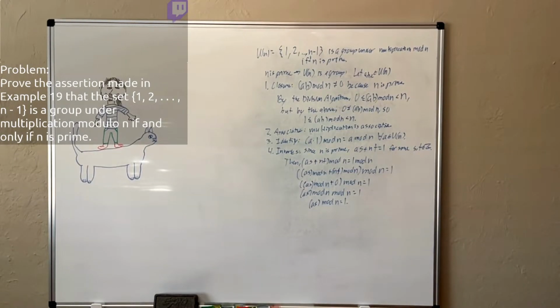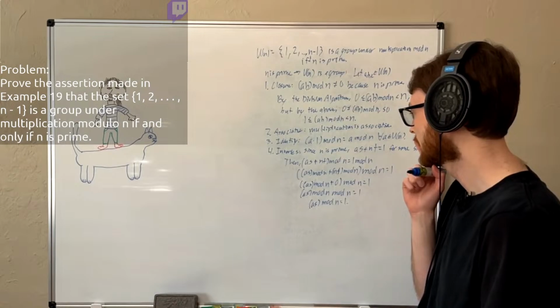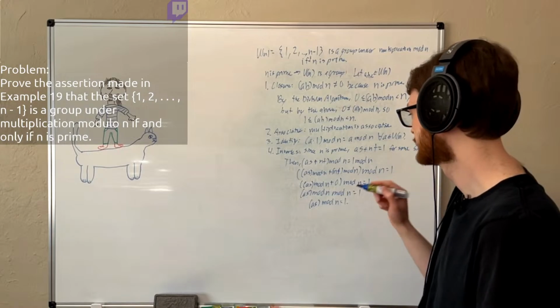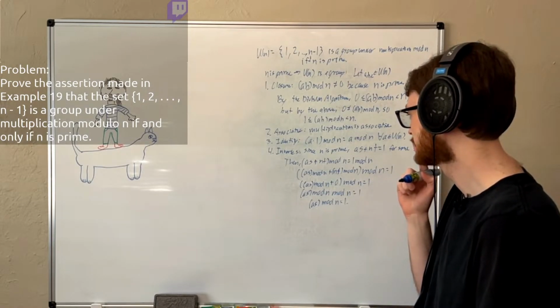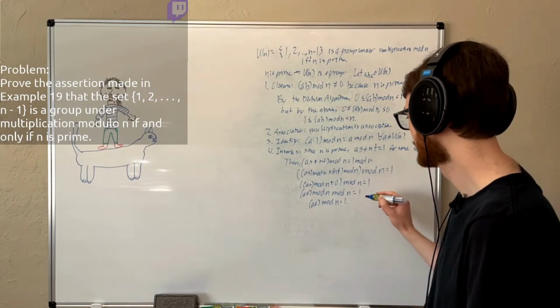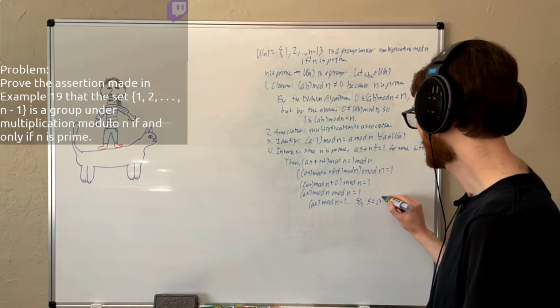And if you do something that's less than n mod n, you get that same thing back. Okay. So S is the inverse of A.